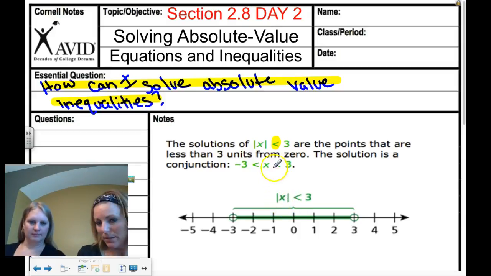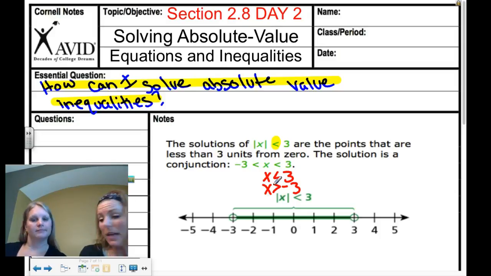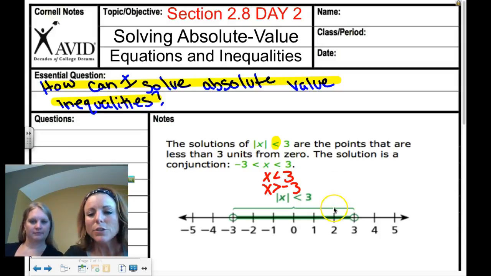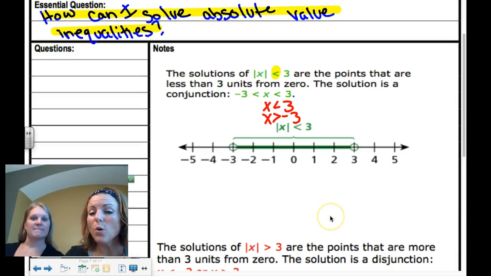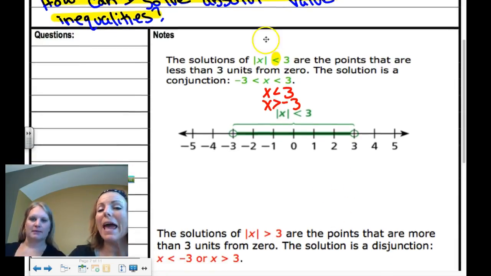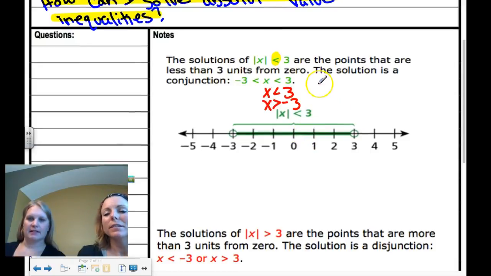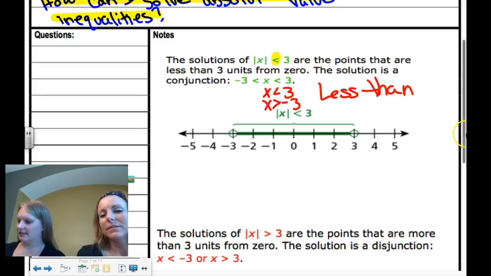So we could break this up and write it as x less than 3, and also x greater than negative 3. That's exactly what's happening here. Notice it's a less than, so in that case it's going to be an and. If we have a less than sign, we think of it as the and.